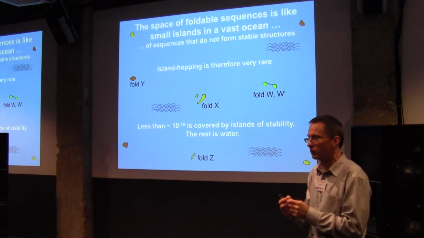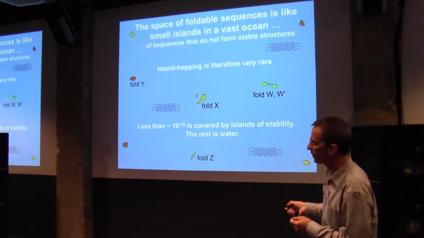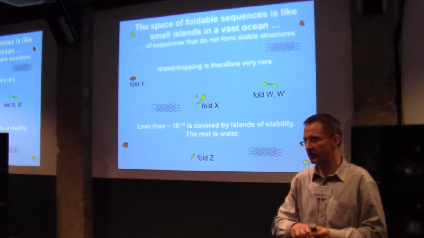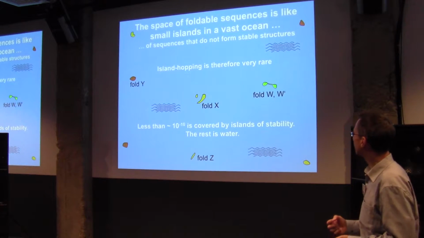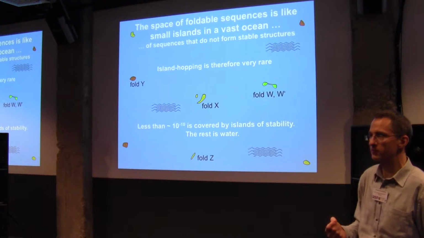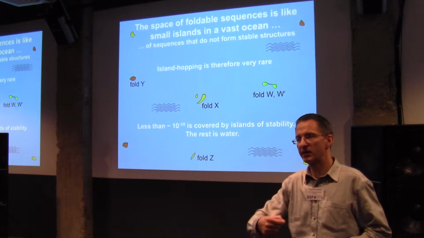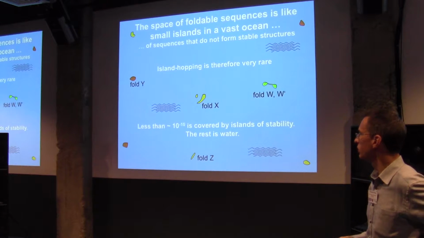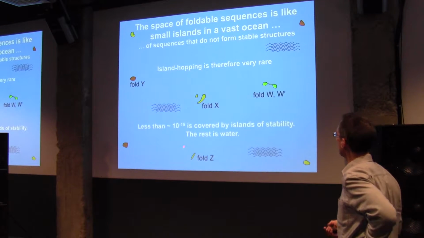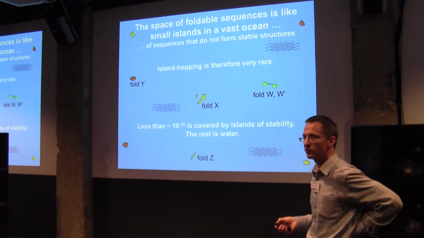And during the time that you go through the water, you have to make sure that the protein doesn't degrade completely, is completely useless, and usually that it performs some function so that it's not selected out. And that is very difficult, and that's why we have relatively few inventions de novo of new folds.